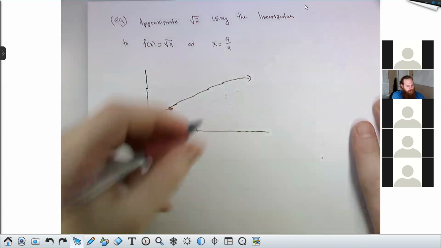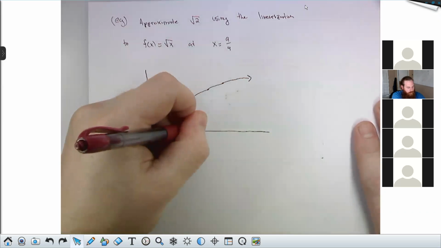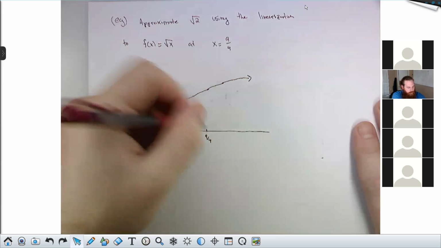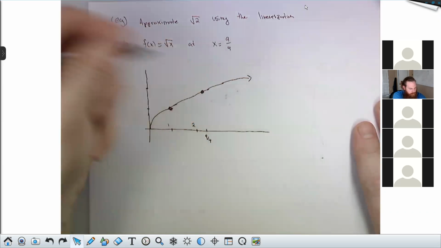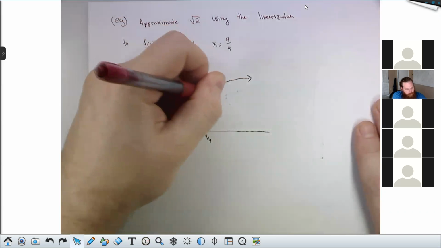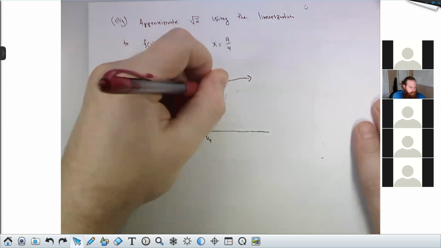Nine-fourths, a little bit bigger than 2. So here's 1, here's 2. Right here is 9/4. And up here on the graph of the square root of x, here's the point 9/4, comma, the square root of 9/4, which is 3/2.